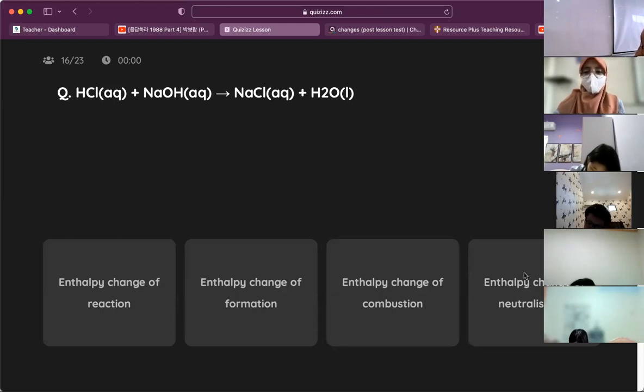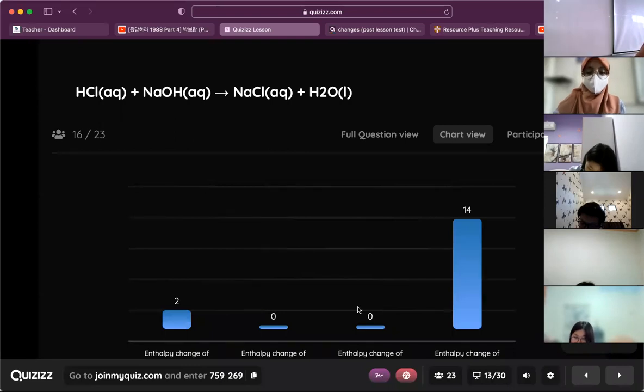If you answer enthalpy change of reaction, it is also correct, but it's not at JC1 level. I hope you are answering this: if you find this kind of chemical equation, producing 1 mole of water from its ions, it must be enthalpy change of neutralization.